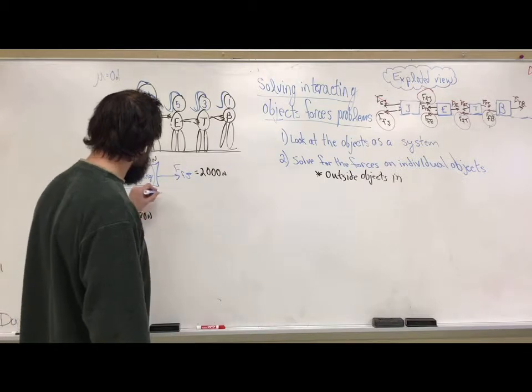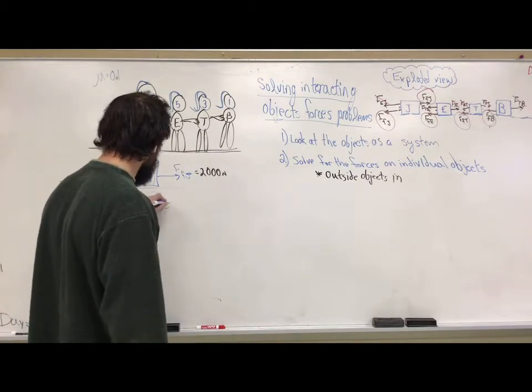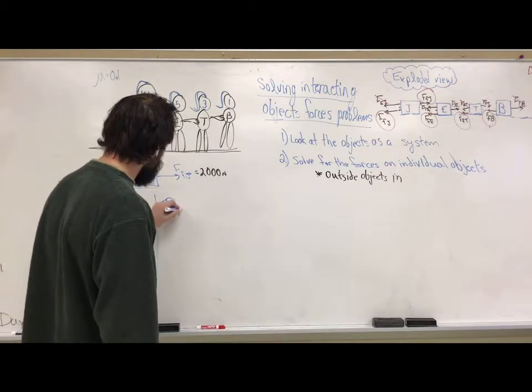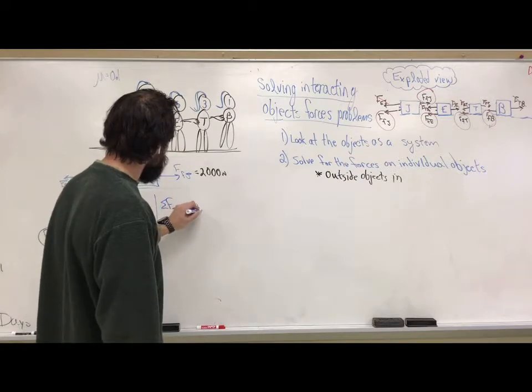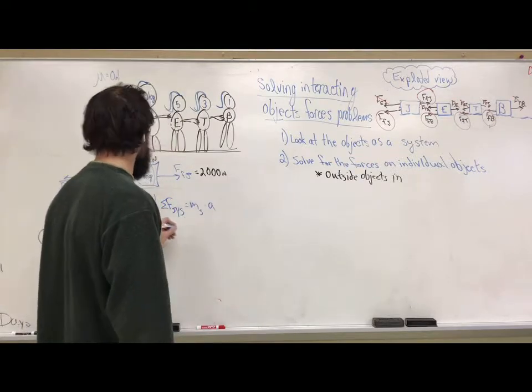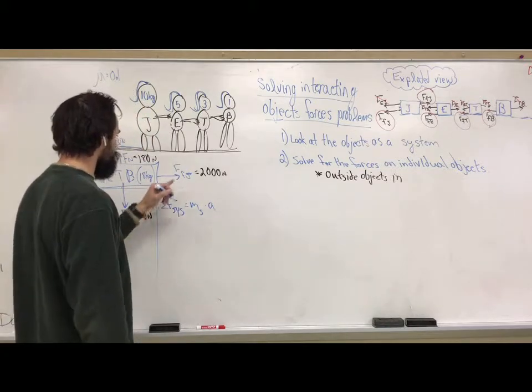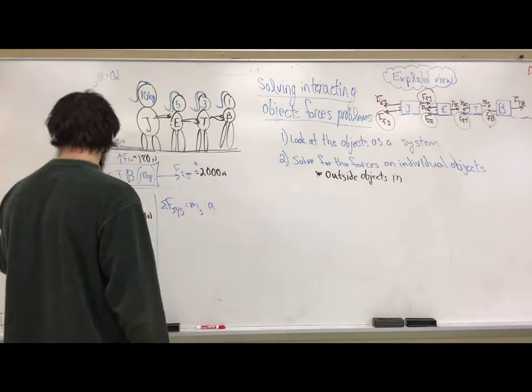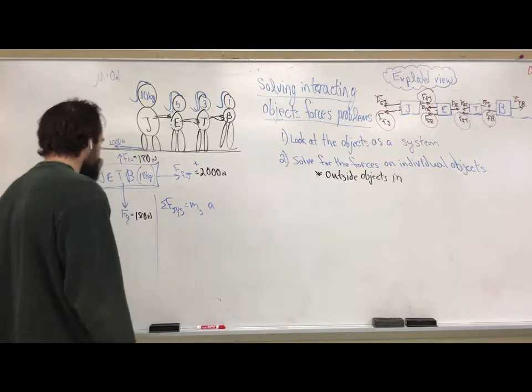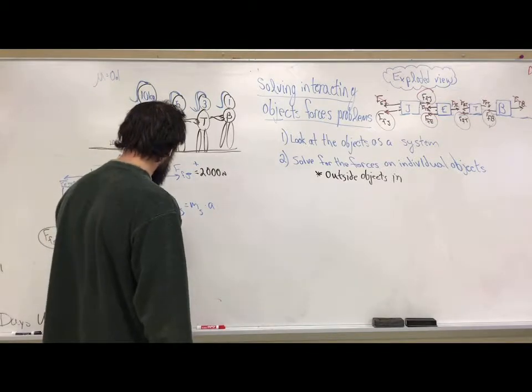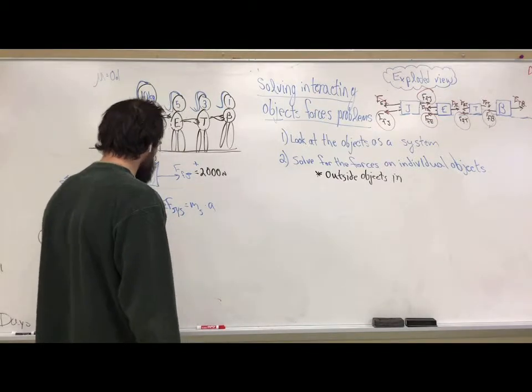So now we're going to create a net force equation for the system, and that's equal to the mass of the system times the acceleration. Well, the net force would be rightward forces minus leftward forces, because forces to the right are positive, forces to the left are negative. So I should write this in terms of variables.